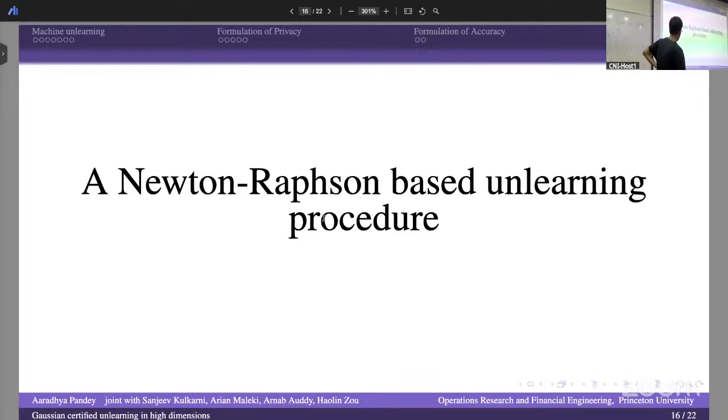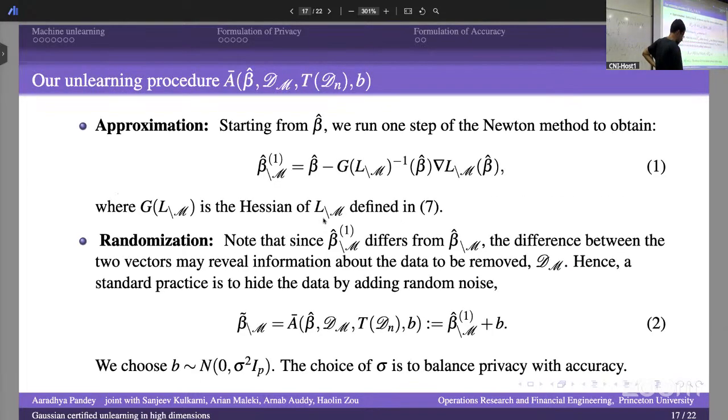So here is what the unlearning procedure is. It's not very new or anything. But the interesting part is that it works, and I'll say why it is interesting going forward.